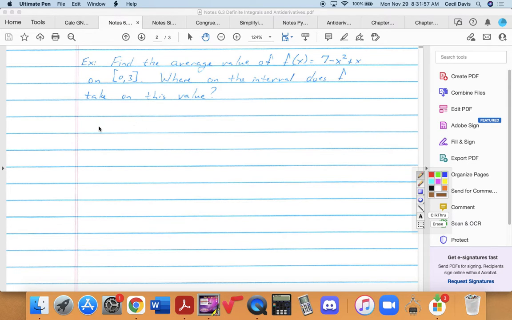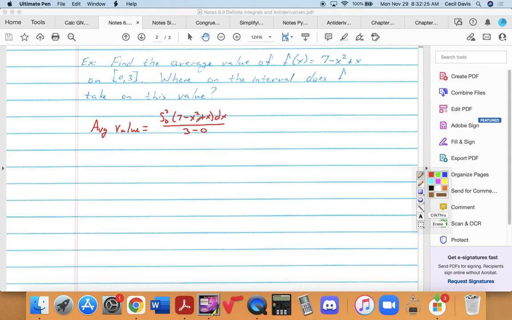So the average value should be equal to the integral from 0 to 3 of 7 minus x squared plus x, all dx, over 3 minus 0.